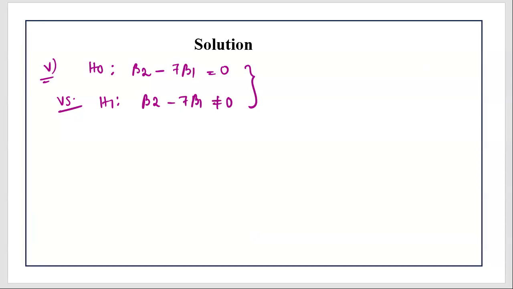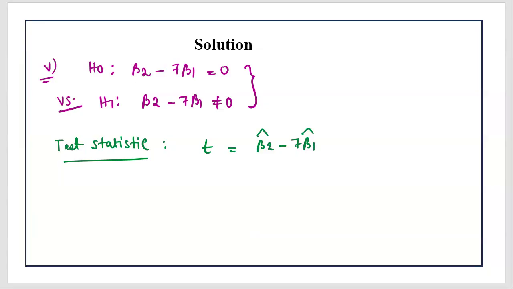Now we will use the same approach, only the calculation will be a little different. So what will be the test statistic? If you can calculate the test statistic in a proper way, then your problem is 90% solved. It will again be a t statistic, but here, instead of one parameter, you have two parameters, beta 1 and beta 2. So how do you write that? Firstly, write the computed value, beta 2 cap minus 7 beta 1 cap.